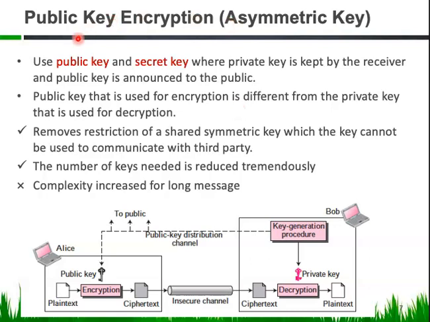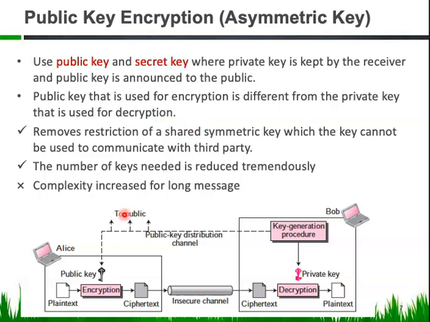Public key encryption uses a public key and a private key, where the private key is kept by the receiver and the public key is announced to the public. The public key used for encryption is different from the private key used for decryption.